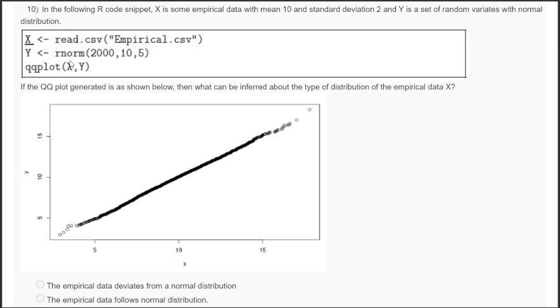Like we have seen rbinom, here it is rnorm, generating random values using a normal distribution.